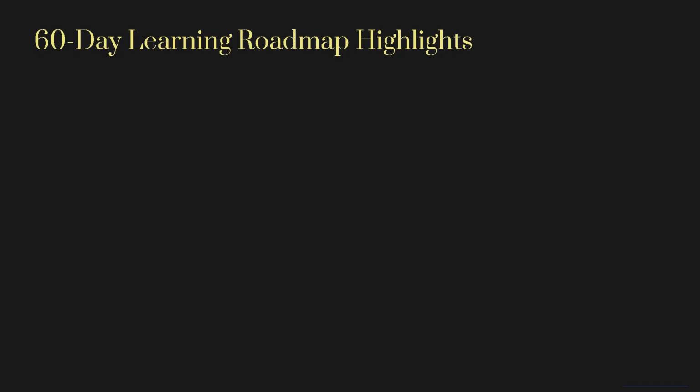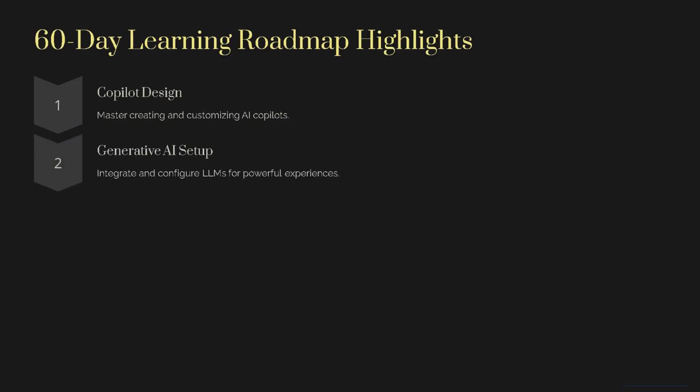Then, as we discussed, it's a 60-day learning roadmap for Copilot. What we have understood right now is what Copilot is, where it is utilized, and how we can utilize it. Going ahead, we would be looking into Copilot design, mastering and customizing AI Copilots. Then we would look into the generative AI setup, where we integrate and configure LLMs for powerful experiences.